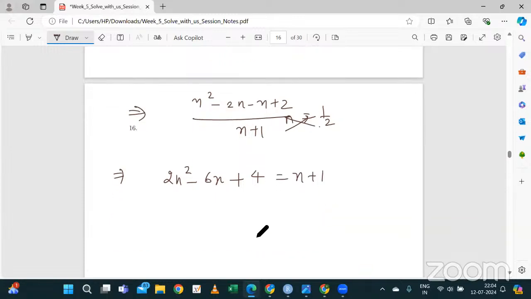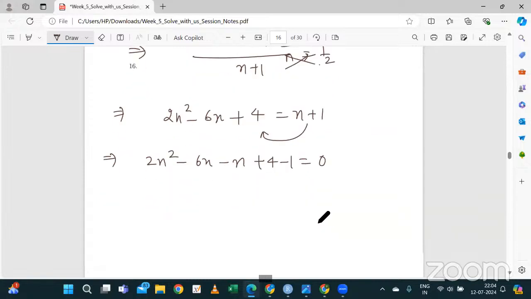From here you will get 2N square minus 6N, and taking everything to the left-hand side, minus N plus 4 minus 1 equal to 0. So you will get 2N square minus 7N plus 3 equal to 0. Basically, we have to solve this.